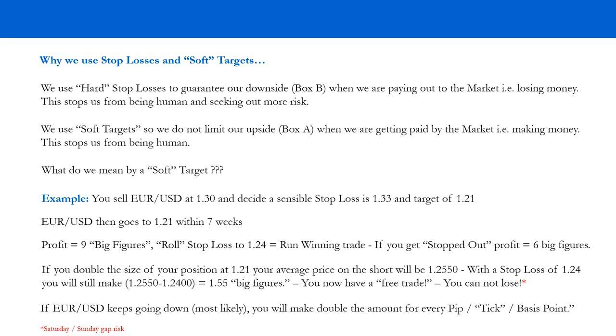So how would this look, for example, specifically applied to the currency market? Well, let's use euro dollar, so EUR/USD as an example, and let's short some theoretically at 130. So if you sell euro dollar at 130 and decide a sensible stop loss is 133, and a good soft target is 121, and then euro dollar goes to 121 within, say, 7 weeks, which is a good time period for that type of volatility.